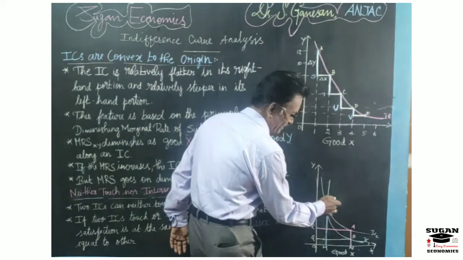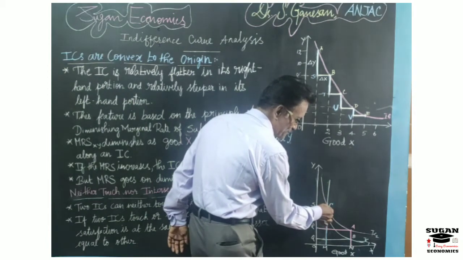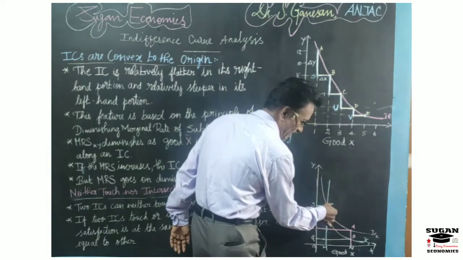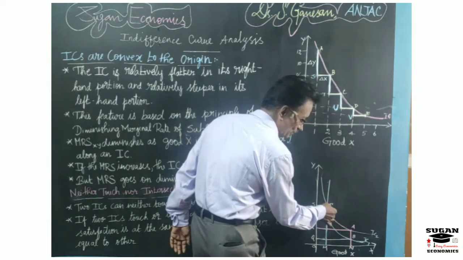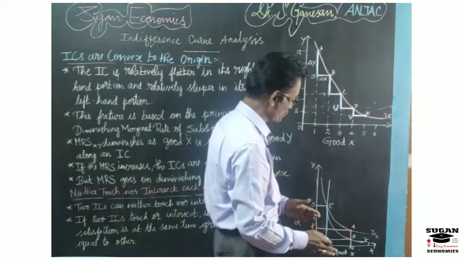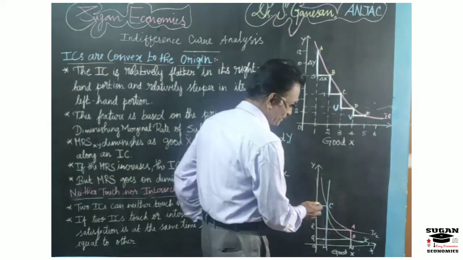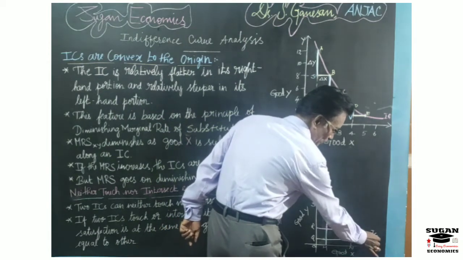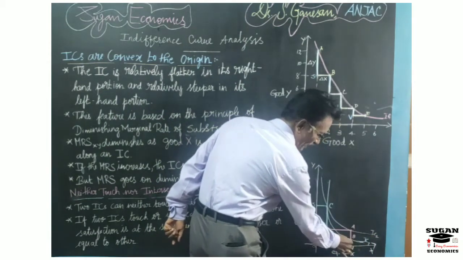So here the consumer is both on indifference curve 1 and at the same time on indifference curve 2. So at this point C, the level of satisfaction derived by the consumer should be equal. Suppose you take a point A, it is on indifference curve IC2, a higher indifference curve compared to IC1.